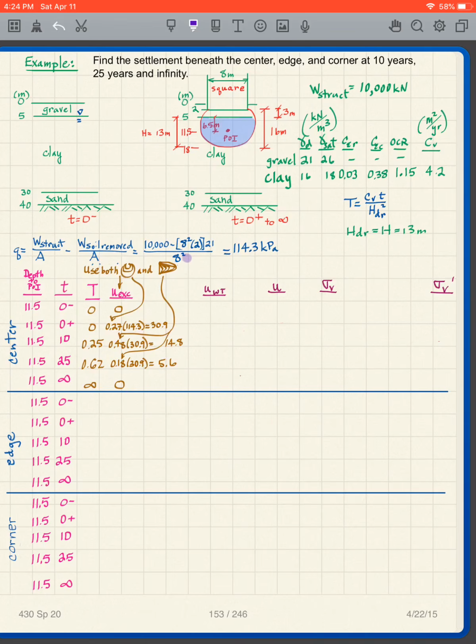Now we're going to use the excess pore pressure plot. We take our values of T, 0.25 for that case and 0.62 for that case, and get these coefficients, the 0.48 and the 0.18. How do we do that?